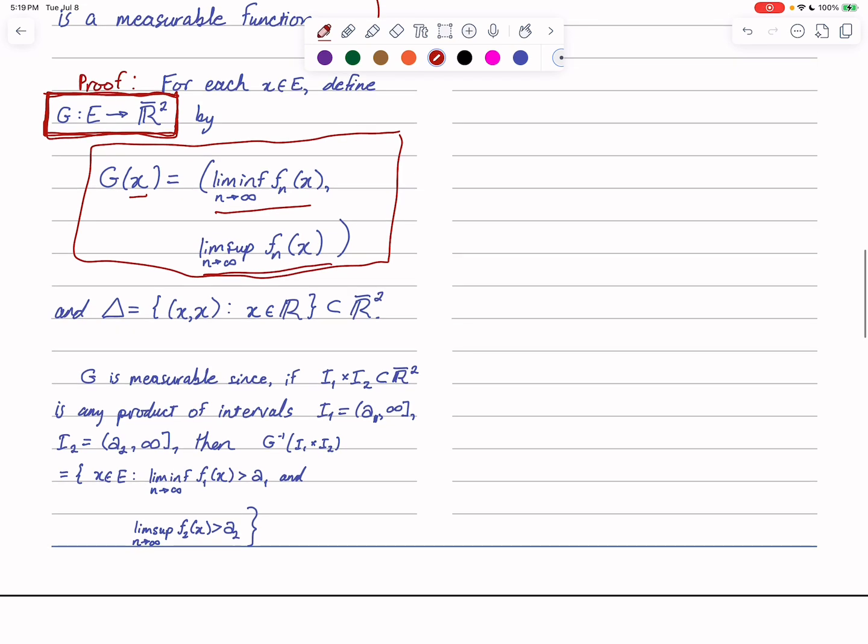Of course, now I think that once you have the function g, it's somewhat clear that we must be doing something with those points at which the lim inf equals the lim sup, because of course that's where the limit exists.